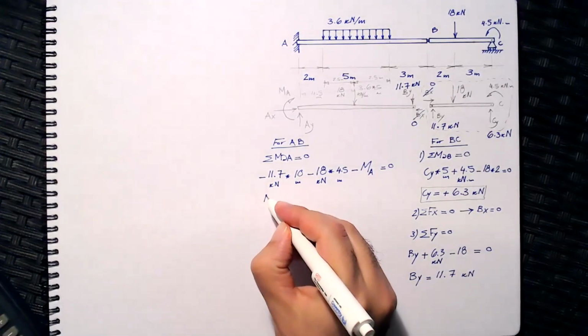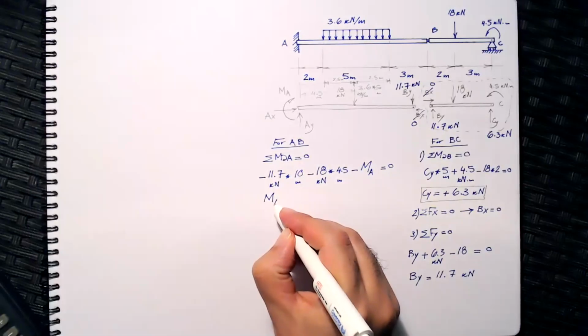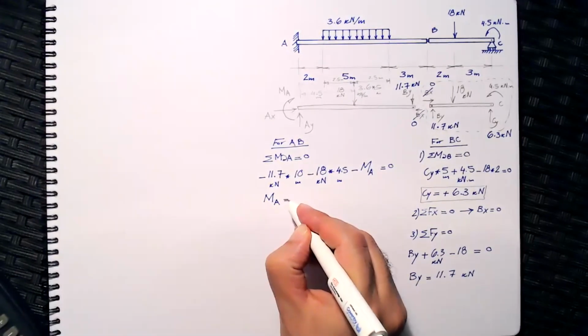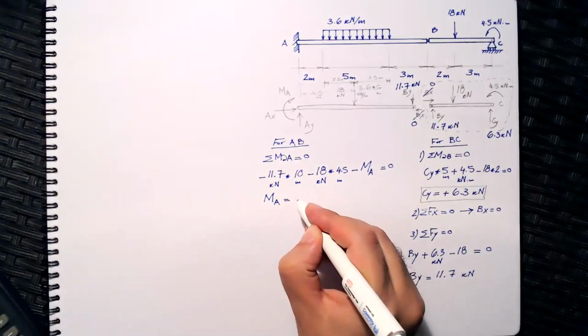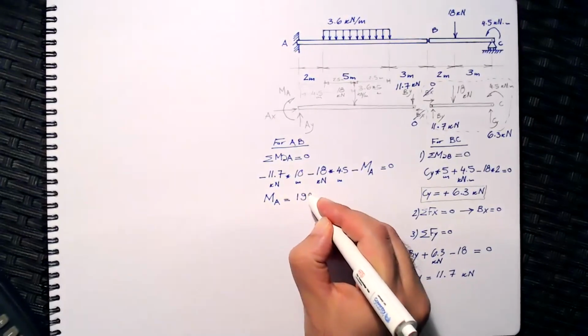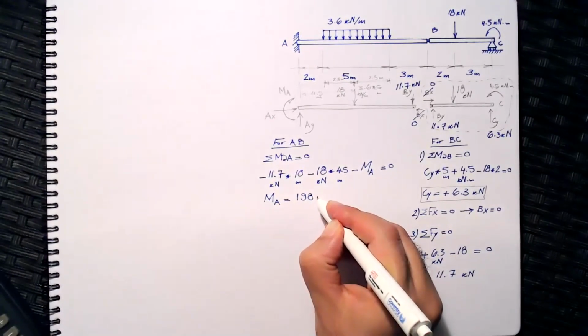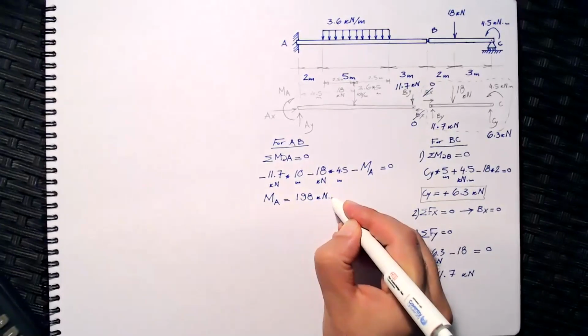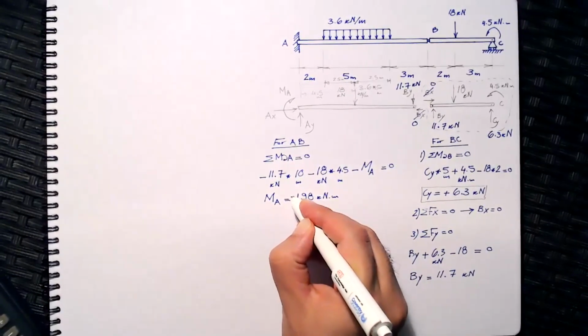So MA equals 198 kilonewton meter, and it's negative.